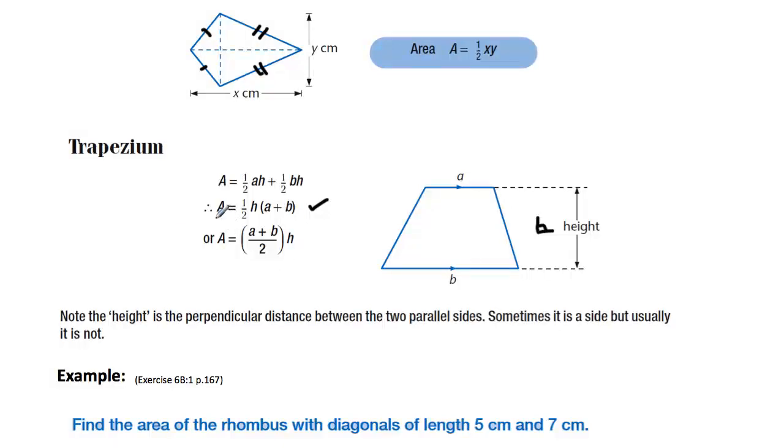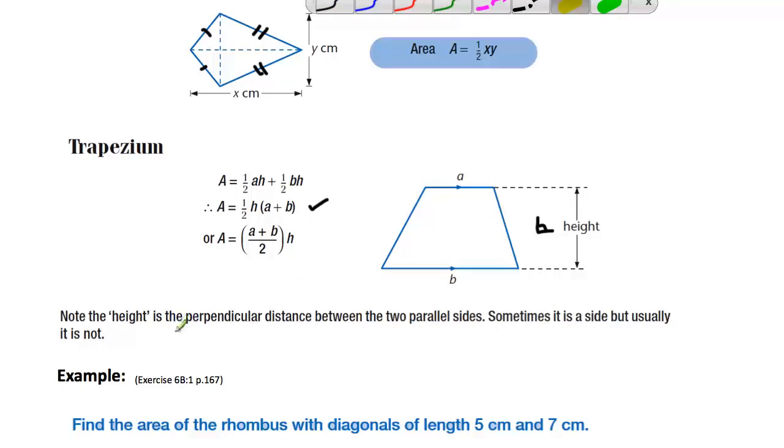So if you read it as it is in this particular formula, it's half the perpendicular height times the sum of the parallel sides.